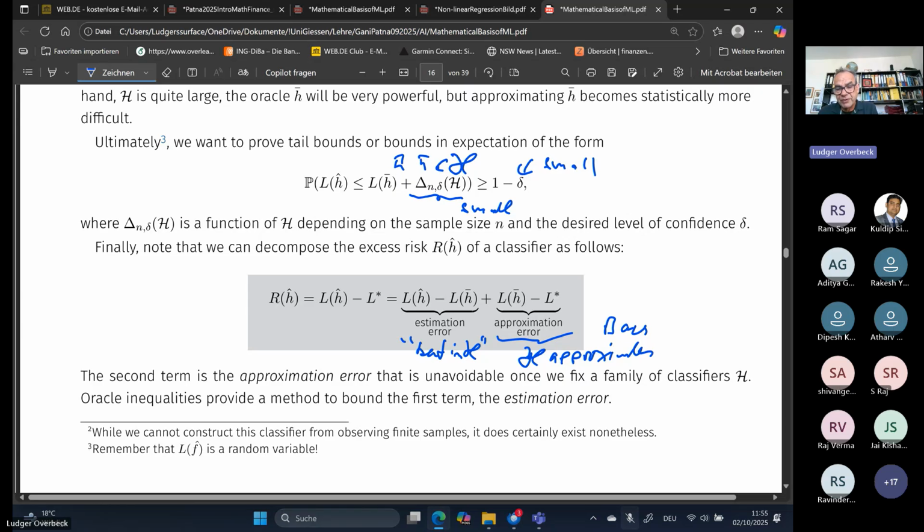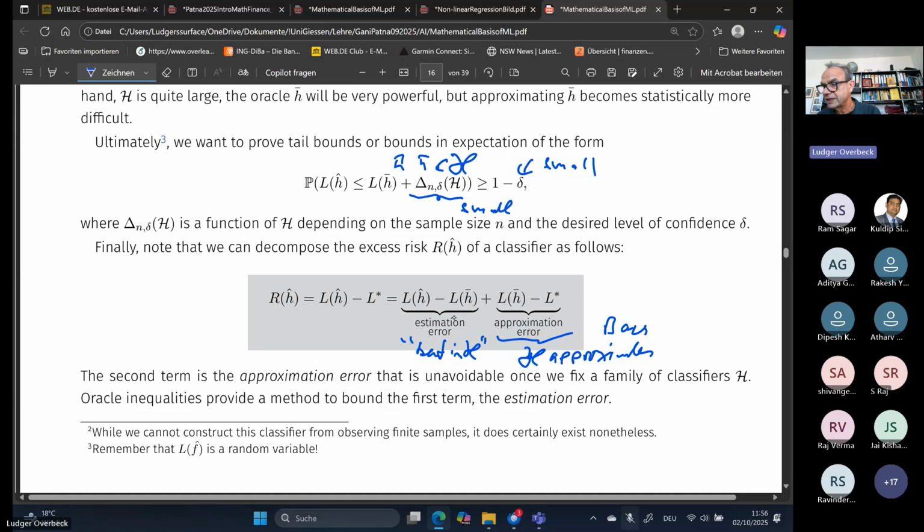Estimation, because we are restricting our estimation, let's say, to neural nets, and we can only do it to finite neural nets. And so the approximation error tells, okay, this can be arbitrarily small, like in neural nets. If we approximate the conditional expectation by neural nets, we can make this error as small as we want, but we have to have a lot of neural nets.